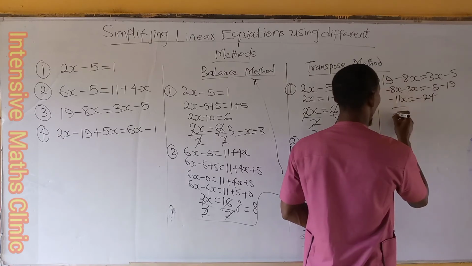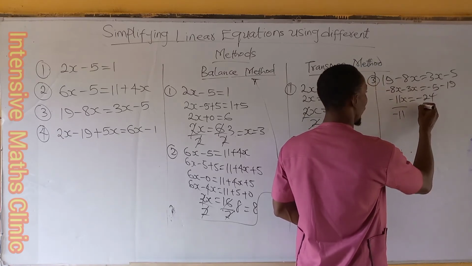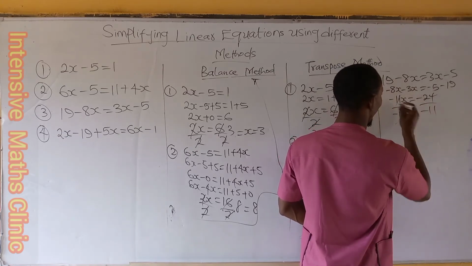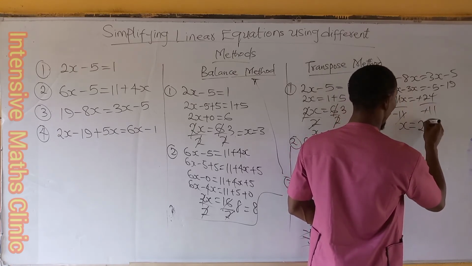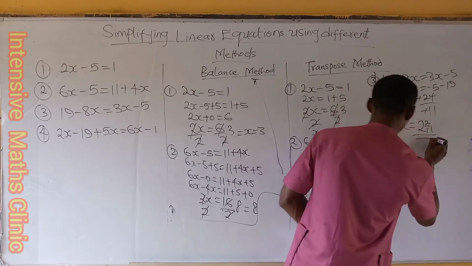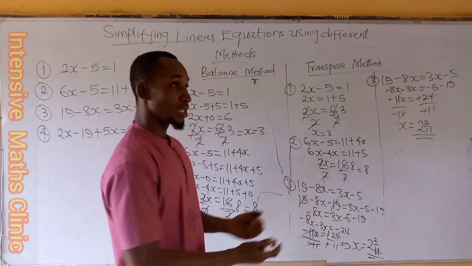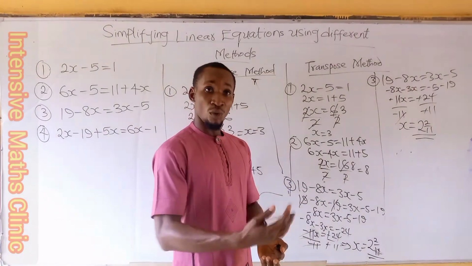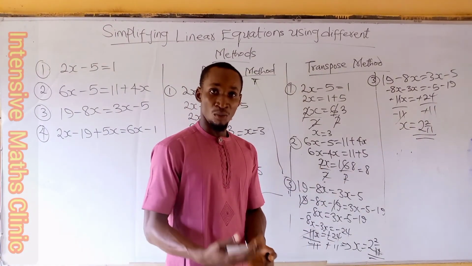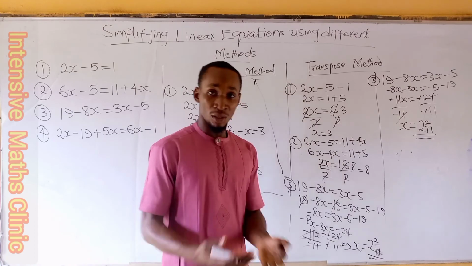When we divide both sides by minus 11, the minuses cancel. x equals 2 and 2 over 11. If you look at it, it has the same result. So in mathematics, we find that you can use several methods to get the same result, but follow different routes.